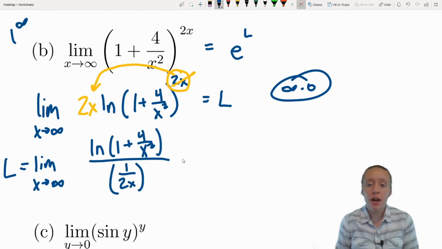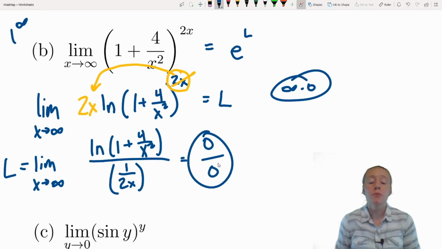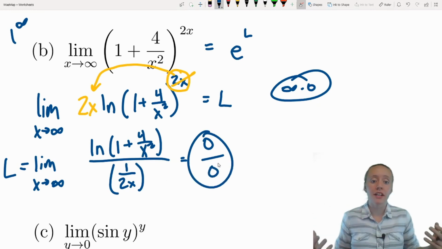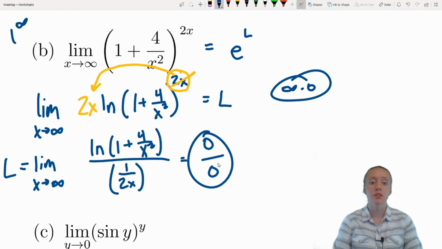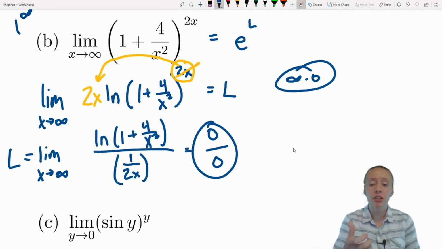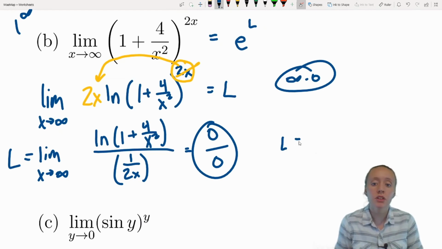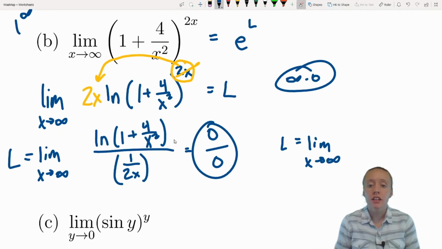However, now plugging infinity in, my numerator goes to 0 and my denominator also goes to 0. So because I have 0 over 0, what can I use? L'Hopital's rule. I'm going to take the derivative of my numerator and put that over the derivative of my denominator. So L is going to be equal to the limit as x approaches infinity of the derivative of my numerator.